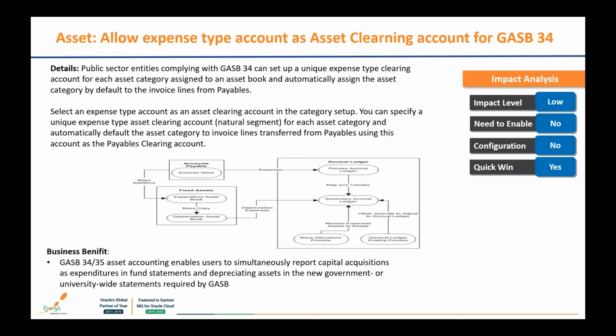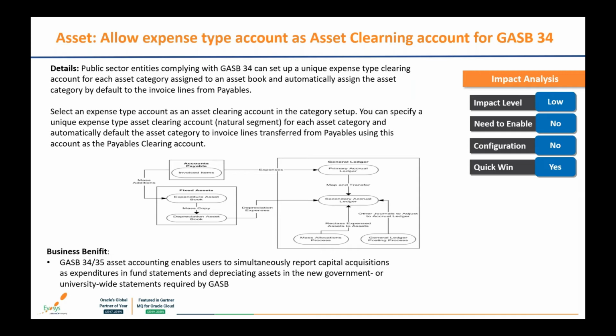Oracle introduced this feature to comply with that requirement. What it will do is, directly from the subjective, the system will automatically identify to which expense category a particular invoice needs to be classified as an asset. So the user need not carry out any additional activity while transferring the invoices from the Accounts Payables module to the Fixed Assets module.